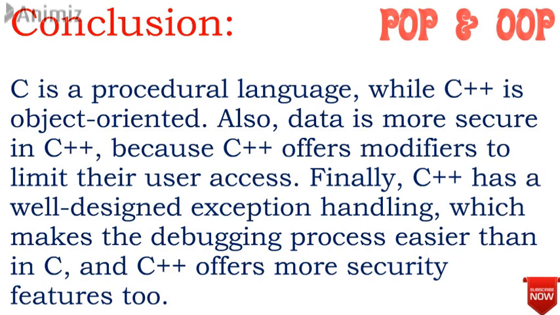Finally, C++ has a well-designed exception handling or error handling concept, which makes the debugging process easier than C language. And C++ offers more security features too. So these are the overall conclusions and the differences between POP and OOP.